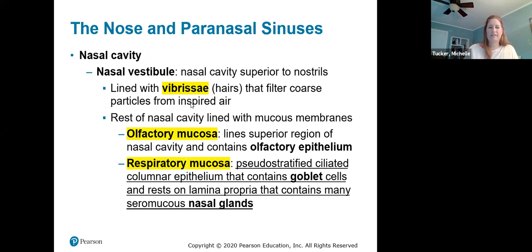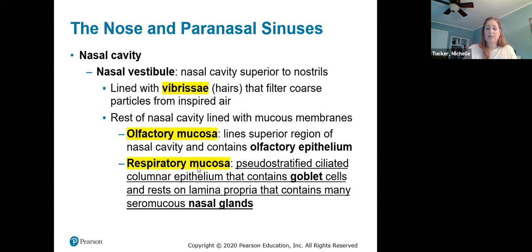And we'll talk about this a little bit more in depth. In the nasal cavity, we have hairs, and those hairs are going to filter particles from the air. This is kind of like the first filter of air coming in. And then there are 2 sets of mucous membranes. There is olfactory mucosa and respiratory mucosa.